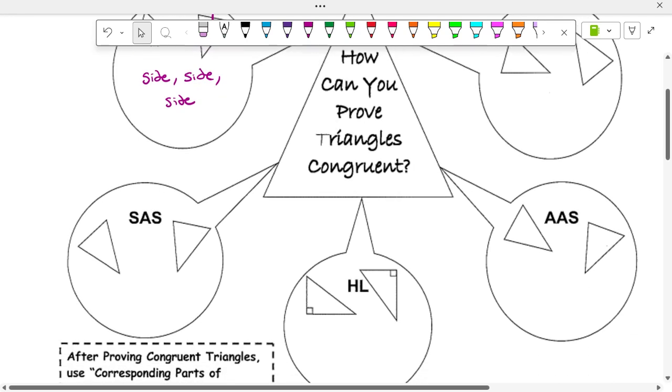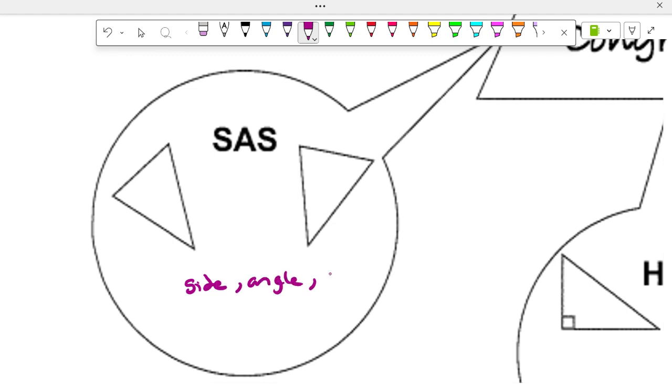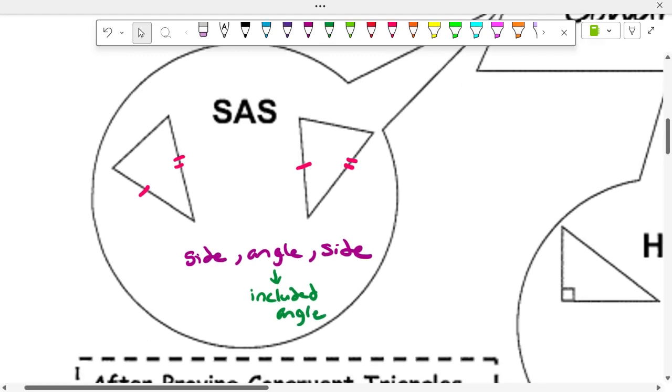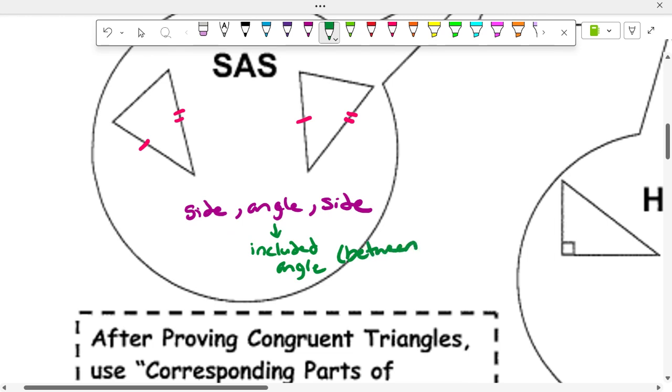Then we have side angle side, so SAS. So that means that we have 2 sets of corresponding sides that are congruent. Now, we also have what we call the included angle. So this angle is known as the included angle, which is just a fancy name for saying between the 2 sides.